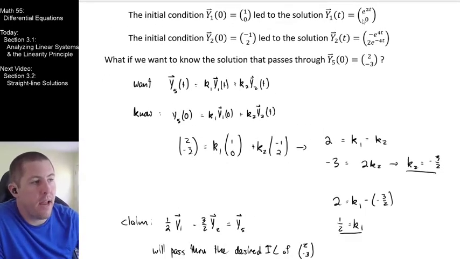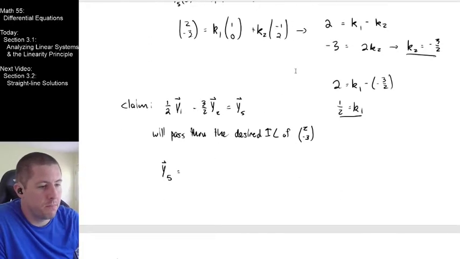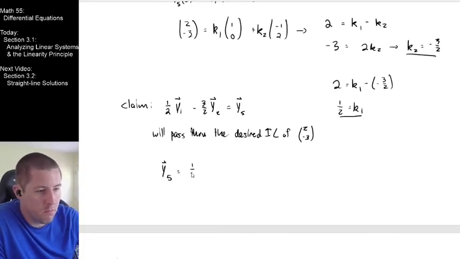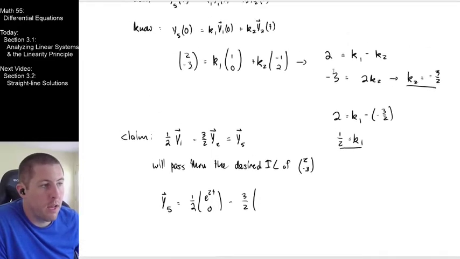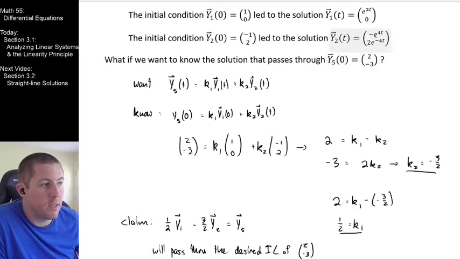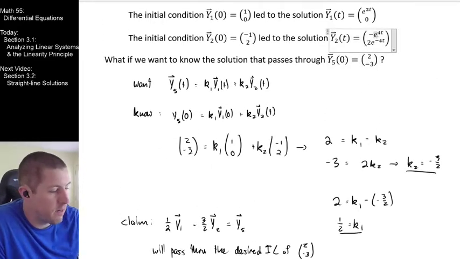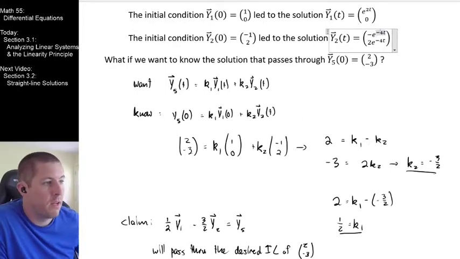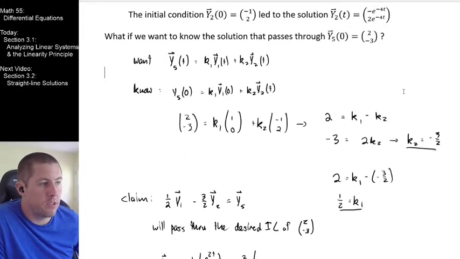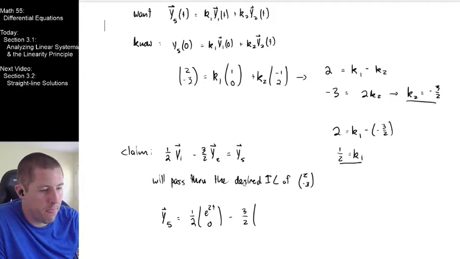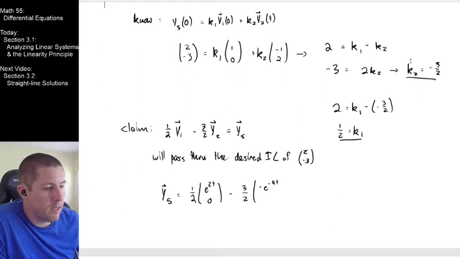So that says 1/2 of e to the 2t, 0, minus 3/2 of Y2. And our Y2 solution was, and I've got to fix this again right here. I'm smarter now. Negative e to the -4t and 2e to the -4t. No, it was 2e to the -4t.